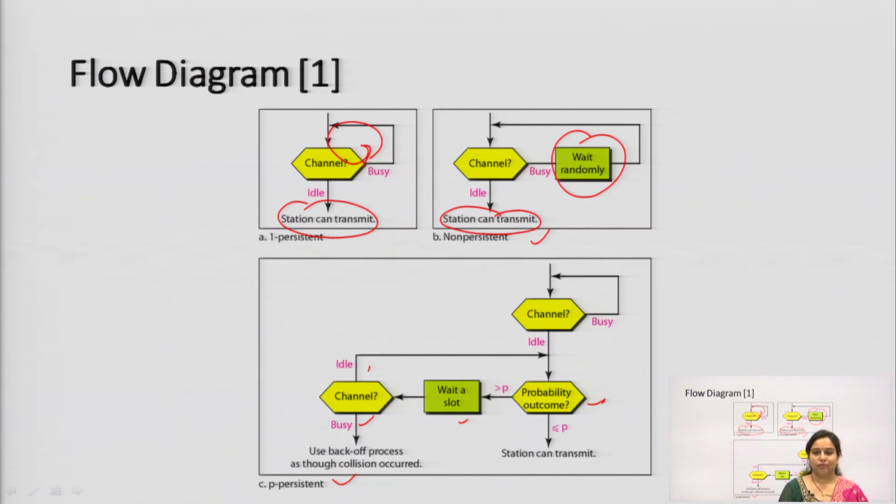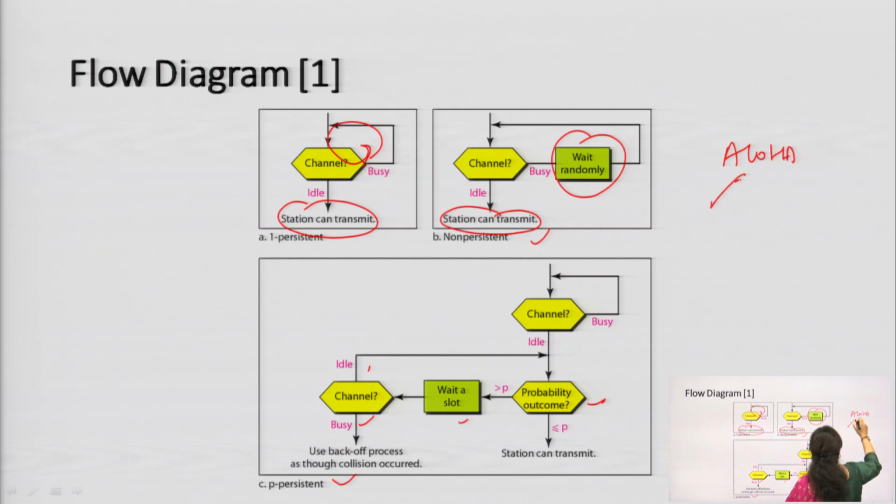So, in this lecture we have discussed different types of multiple access protocols that are possible in the data link layer. We have seen the random access protocol. In that protocol, we have seen Aloha.